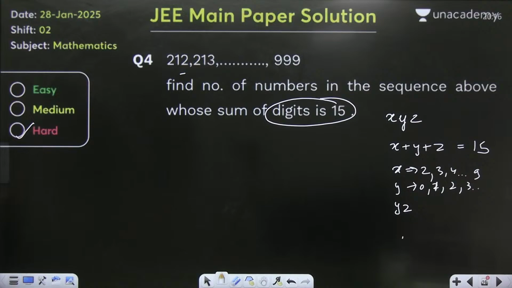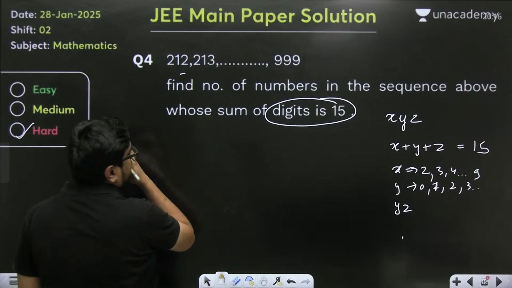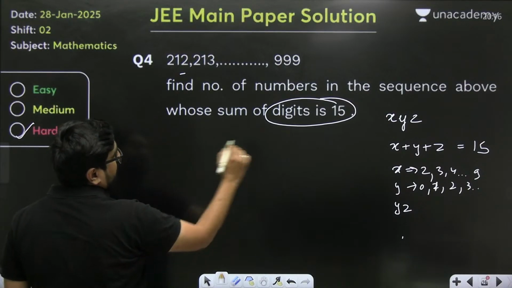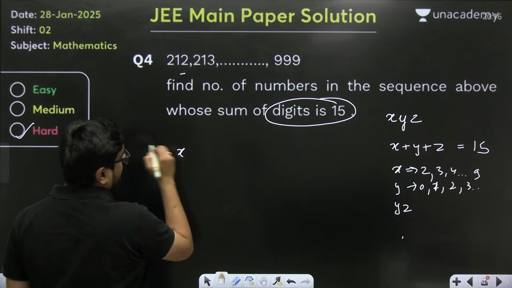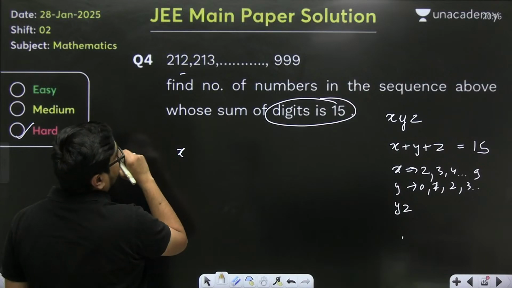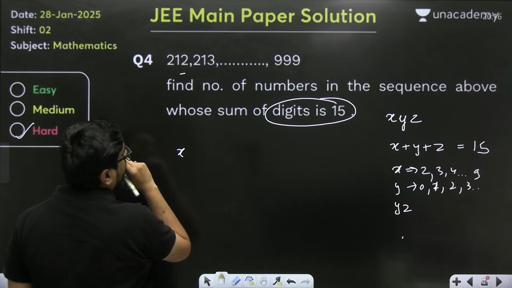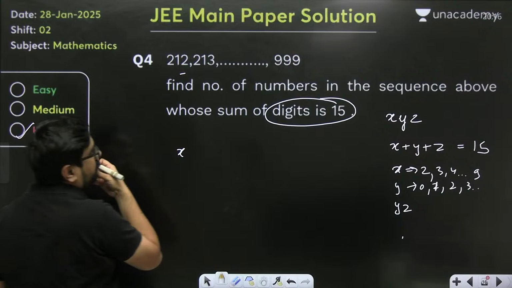No, I don't think so. So if we are looking at product, then the binomial coefficient, if we talk about this number, then first one will be in the sequence above. The sum of digits should be equal to 15.